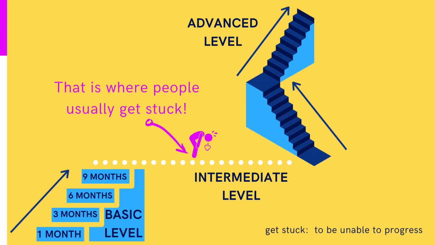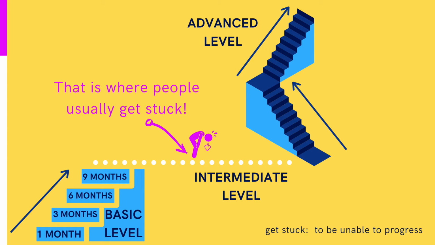You're not walking towards the progress. You're walking towards something that you cannot see the progress. It's just like a straight line. And some students might feel this way at some point in their English learning journey. I myself felt that way.